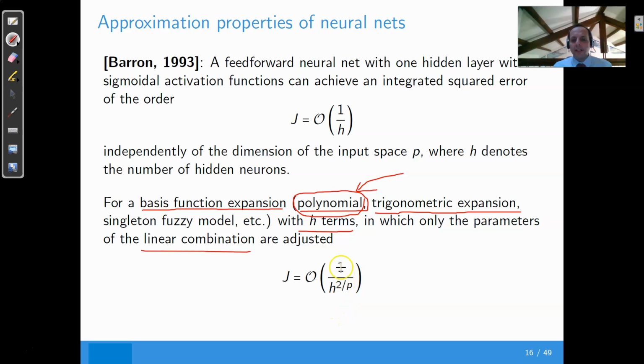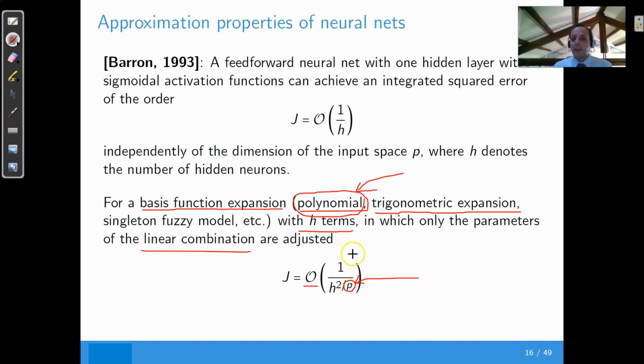So as you can see here, the approximation order depends on 1 divided by h squared divided by the number of inputs. So for polynomial approximation, there is also another parameter which depends on the number of inputs.